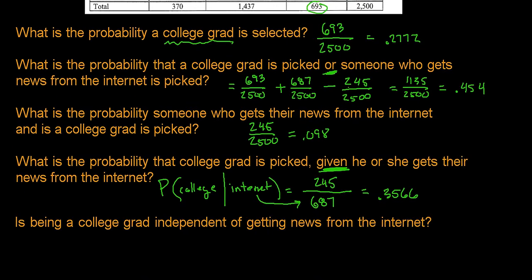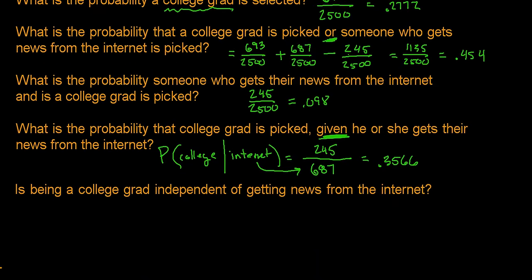All right, final question. Is being a college grad independent of getting news from the internet? This is actually a really easy question to answer now. The probability of A given B, right? That's conditional probability.